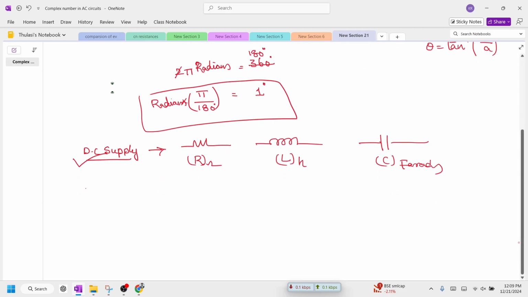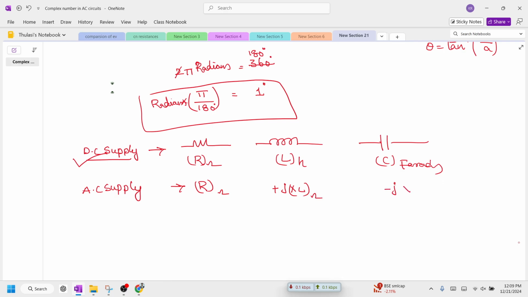In the case of an AC supply, we write this as R, plus j XL ohms, and minus j XC ohms. This we can also write in the S domain.